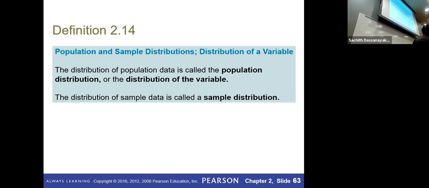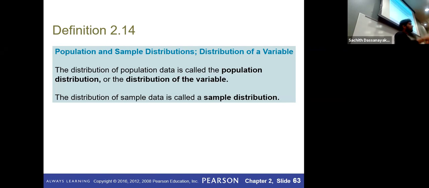Most of the time, I use population distribution. If we are dealing with sample data, the distribution of that data we call the sample distribution. This is how we define sample distribution and population distribution.